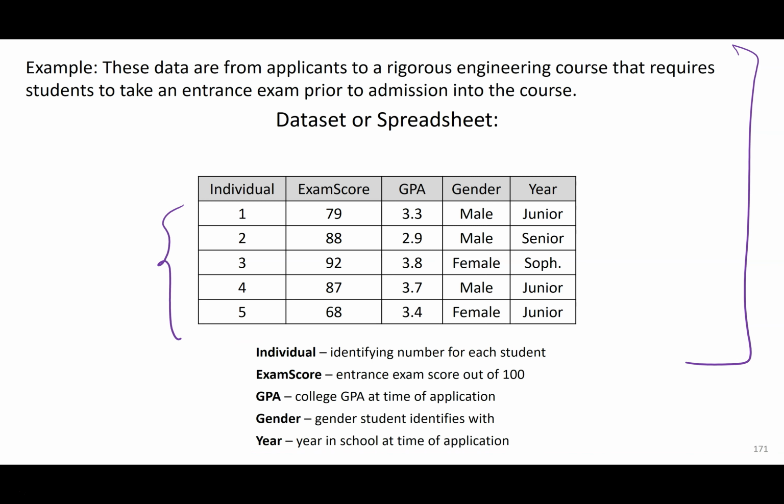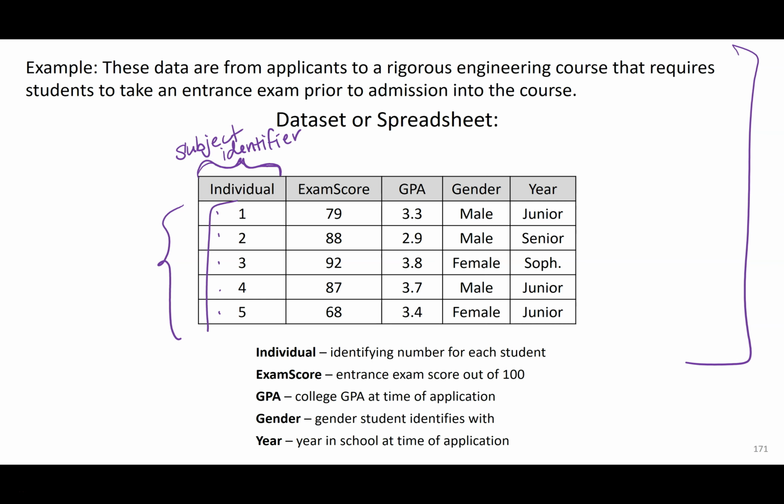If you look at rows, there are 5 different students that we collected data on. They're easy to count, especially because of this individual column. This is the subject identifier. Not that it's super important; it's more of acknowledging that individual is not a variable I'm interested in analyzing.